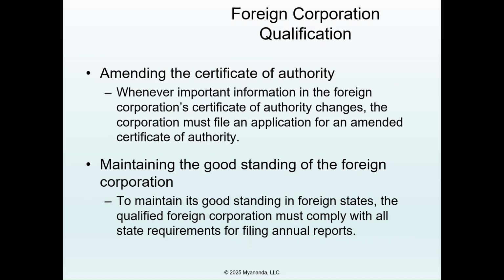Whenever any significant information included in the certificate of authority changes, the registered agent, for example the corporation, needs to notify the Secretary of State right away by amending the certificate of authority. And so maintaining good standing is the goal.